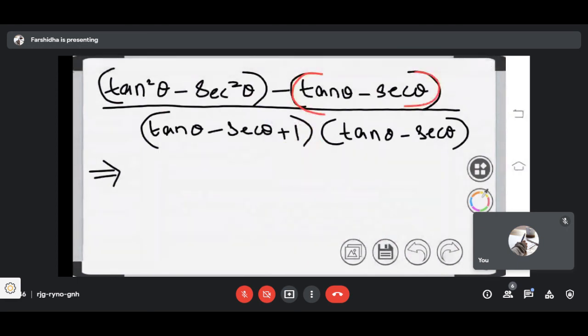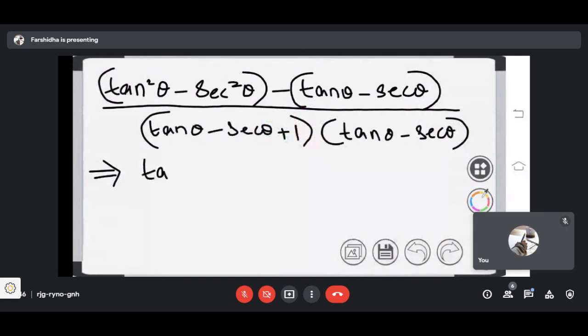When I remove the bracket, you have the negative sign here. So when I remove the bracket, the signs inside the bracket will change. Inside the bracket, tan theta is positive, so when I remove the bracket, tan theta will become negative tan theta. And you can see negative sec theta, which will become positive sec theta. All the signs change. So I'm going to remove the bracket and rewrite that.